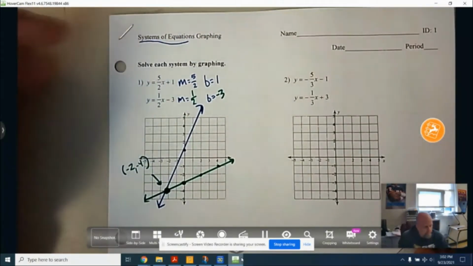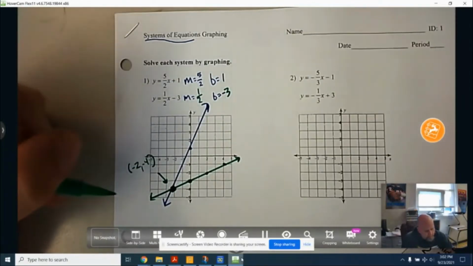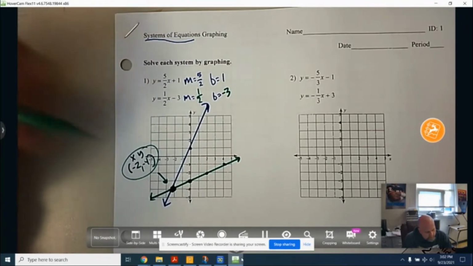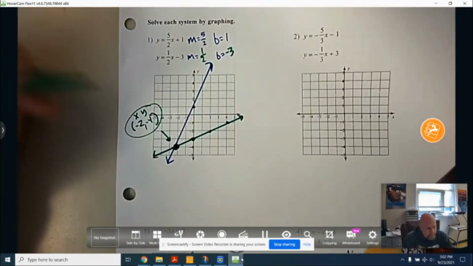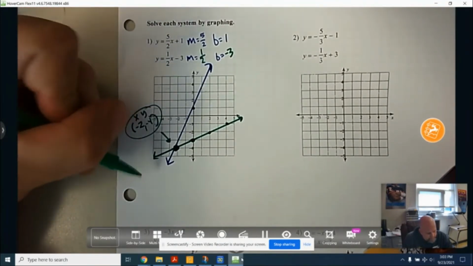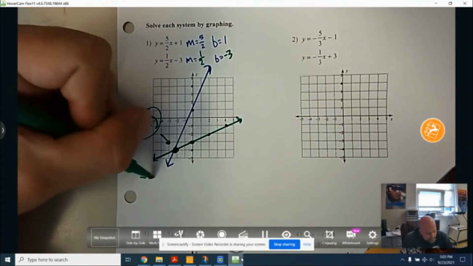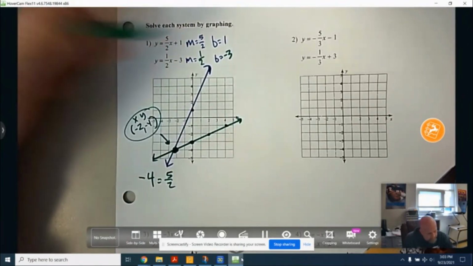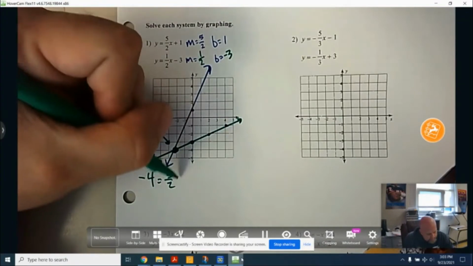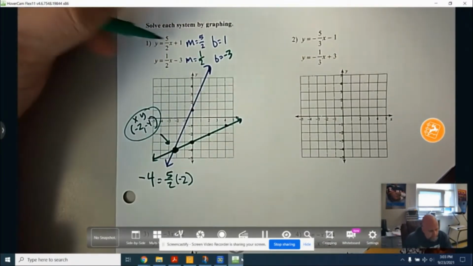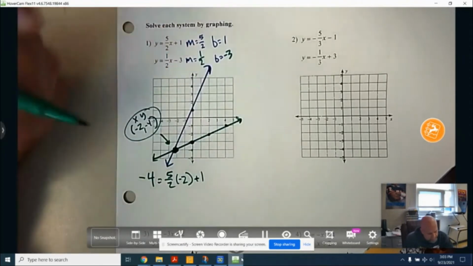Now I can test my work. To test my work, I take this point and plug it back into the equation. So I've got x, I've got y. I'm testing the first equation, y equals 5/2 x plus 1. So y, which is -4, equals 5/2 times x, which we think is -2, plus 1.